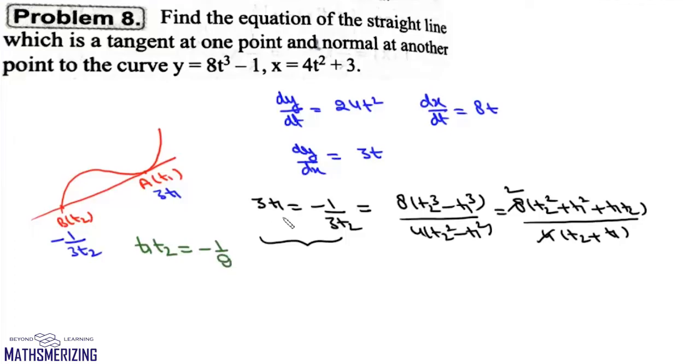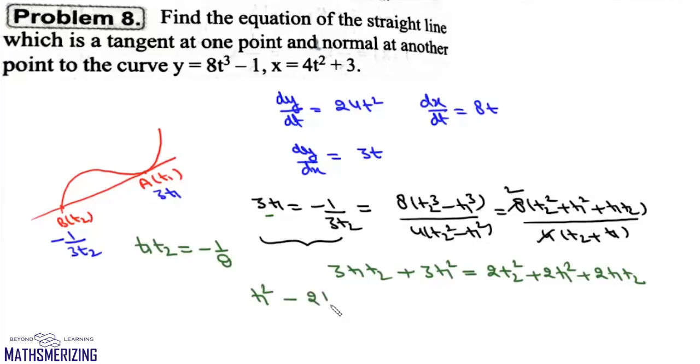And if we take the first and third, we can write 3t1 t2 plus 3t1 square equals 2t2 square plus 2t1 square plus 2t1 t2. We can write this as t1 square minus 2t2 square equals minus t1 t2. Now we can write t2 as minus 1 by 9t1.